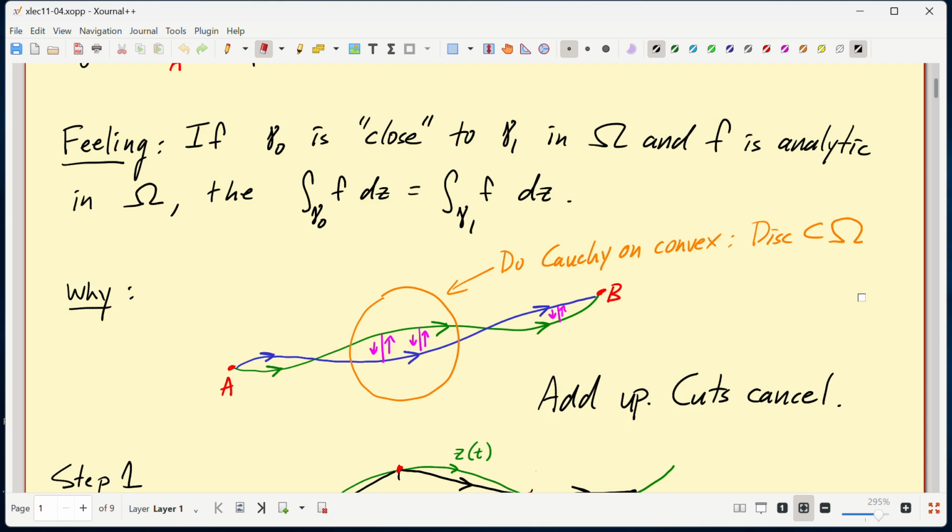And so when I do that little curved linear rectangle in the middle there, I'd be doing a Cauchy theorem on a convex set, because the little disk would be convex. And so that would be a closed curve in a convex set, and so the integral around that little curved linear rectangle would be 0. And if I add them all up, starting at A and going to B, the cuts would cancel. And so that's the feeling you should have for it. And in fact, you could make yourself a proof for that feeling.